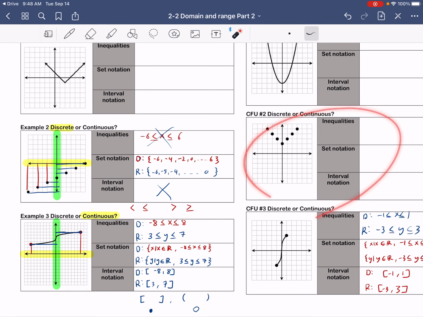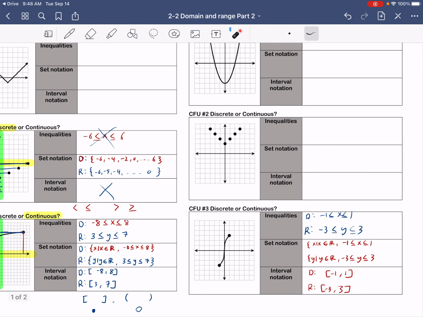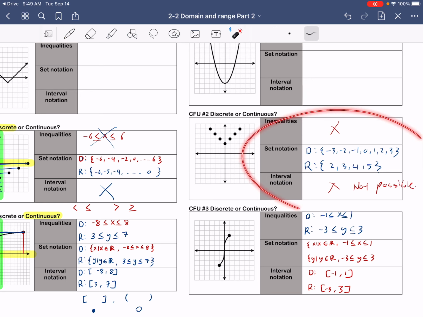Now try this question by yourself. That's it, by the way. It's not possible for this too. Keep that in mind. It's a very easy concept.